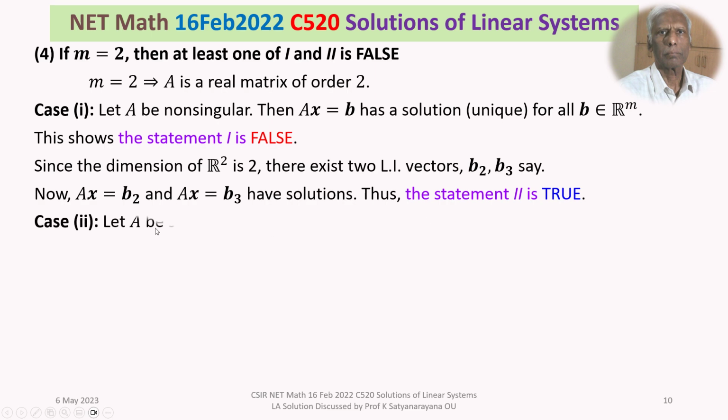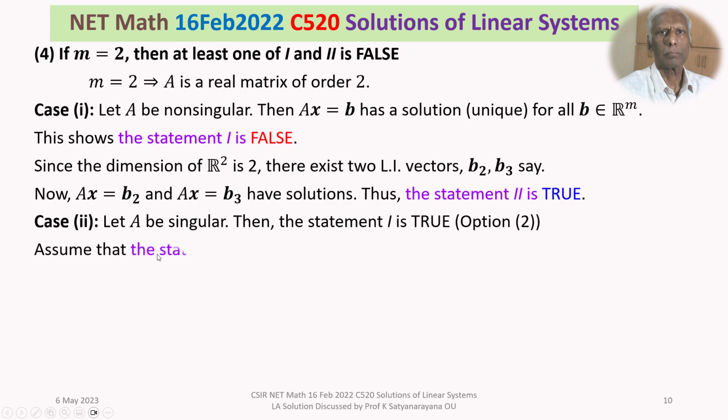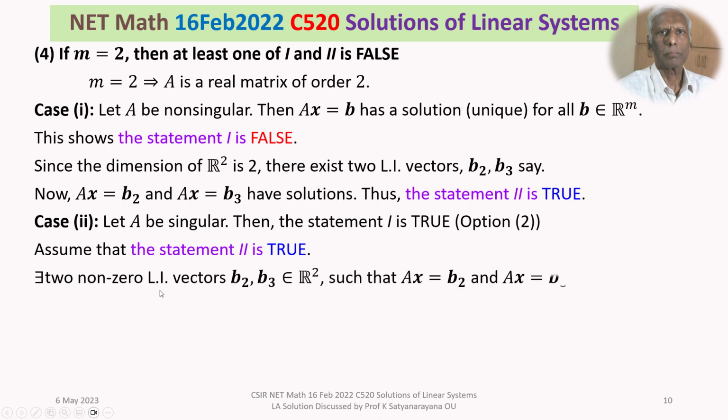Right. Case 2: let A be singular. Then statement 1 is true. Why? This is precisely what we have shown in option 2. When A is singular, statement 1 is true. Okay. Assume that statement 2 is true. That means there exist two non-zero linearly independent vectors b2, b3 belongs to R square such that Ax is equal to b2 and Ax is equal to b3 have solutions.